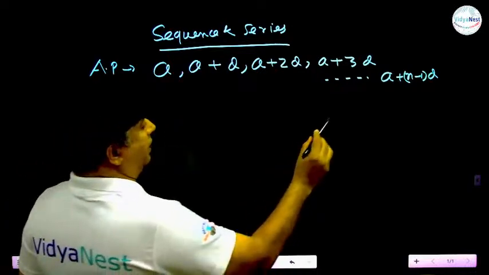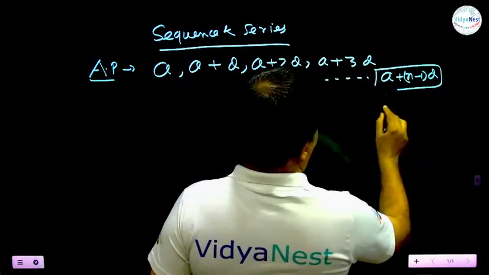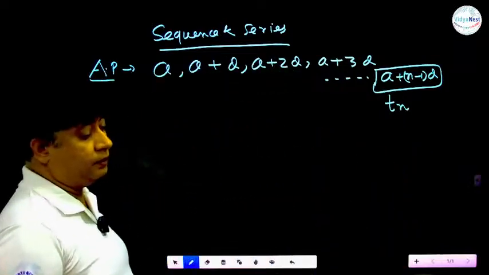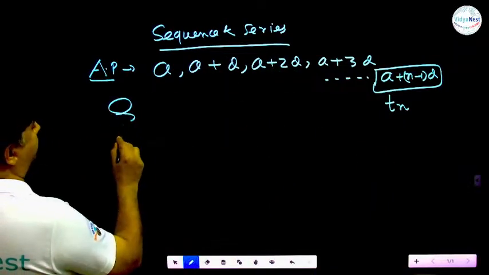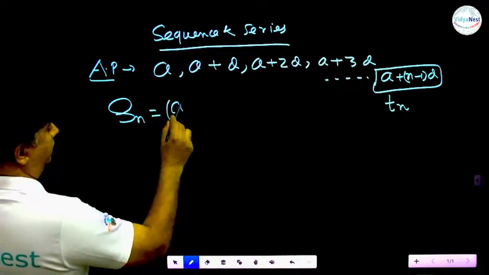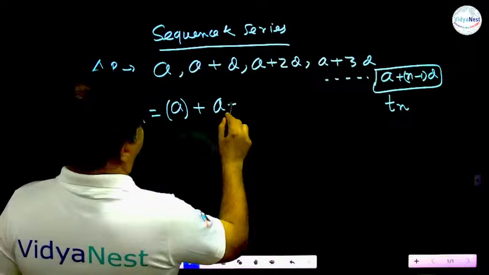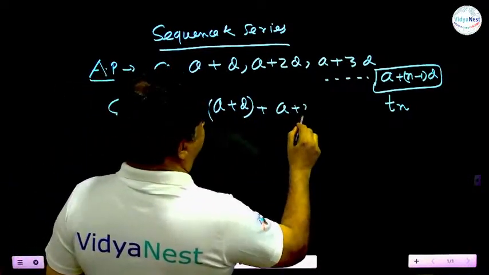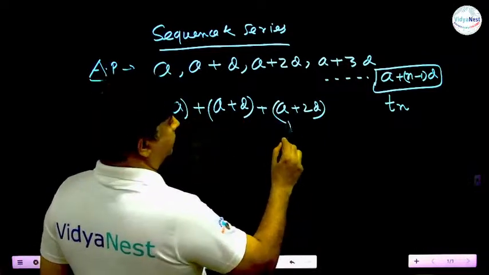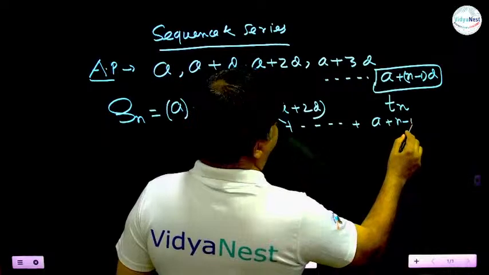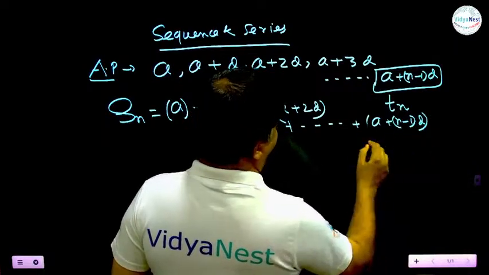This is considered as the nth term, and the summation of those terms in the series means a, plus d, a plus 2d, up to a plus n minus 1 into d.